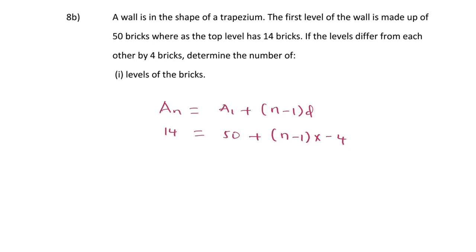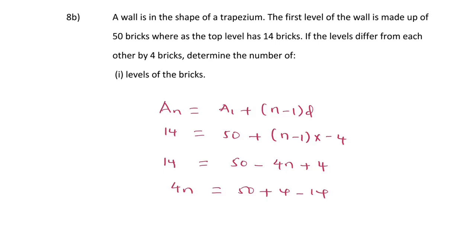Okay, so now let us open the brackets. Then we are going to have 14 equals 50 minus 4n plus 4. Okay, so next we are going to collect the constant values. Then our equation is going to be 4n equals 50 plus 4 minus 14.